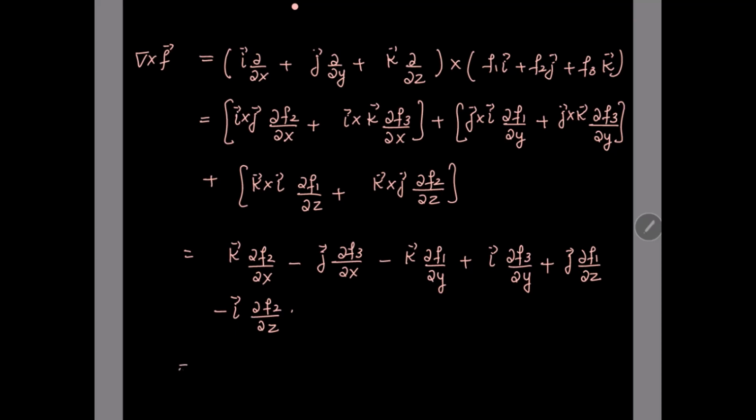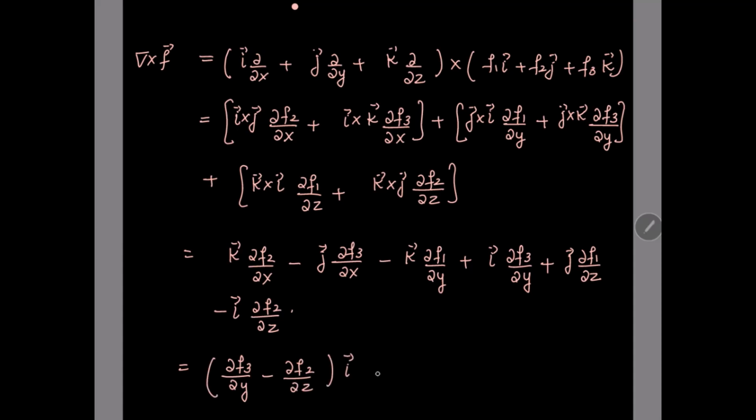Alright. Now taking collectively the i part, taking i unit vector common, I get ∂f3/∂y minus ∂f2/∂z, i unit vector.